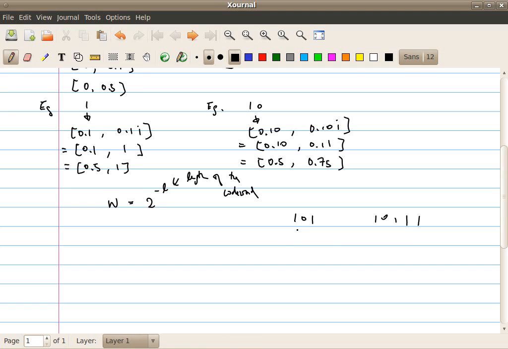The interval for the first one will be 0.101 to 0.1011. Apparently, this will include the interval of the second one, 0.10111 to 0.101111, because the lower bound of the first one is smaller than the lower bound of the second, and the upper bound of the first is bigger than the upper bound of the second.